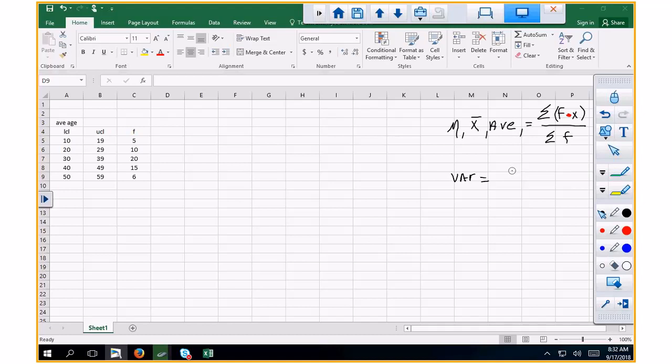It's N times the summation of F times X squared, minus the summation of F times X quantity squared. Make sure I wrote that down right, because sometimes I interchange them. And that's over N times N minus 1.